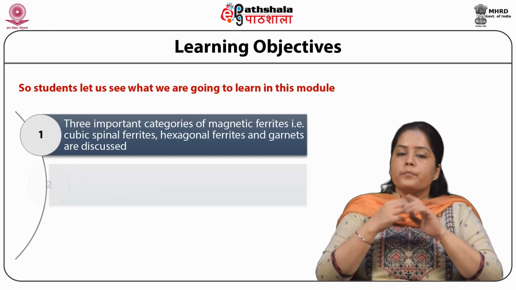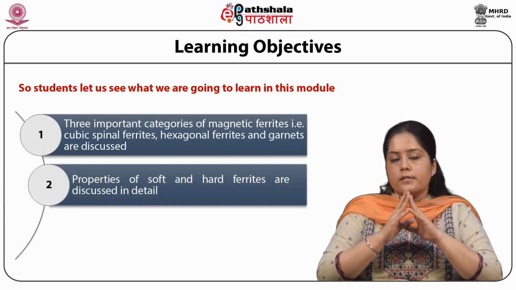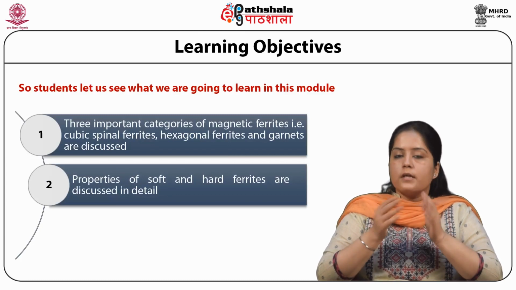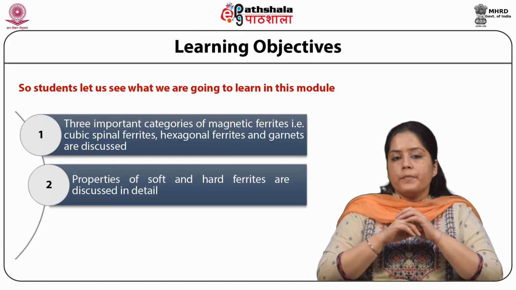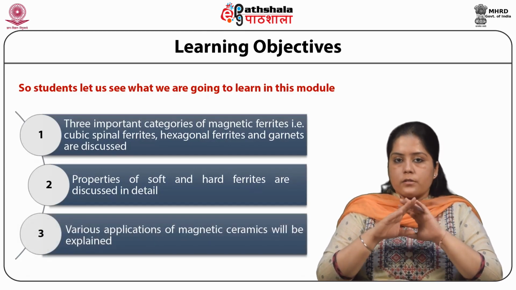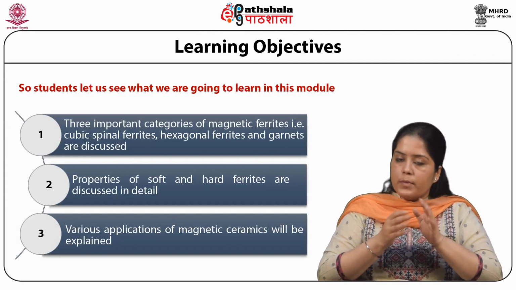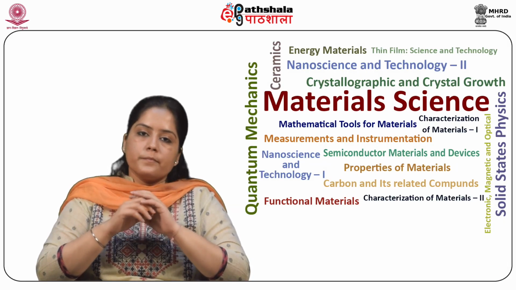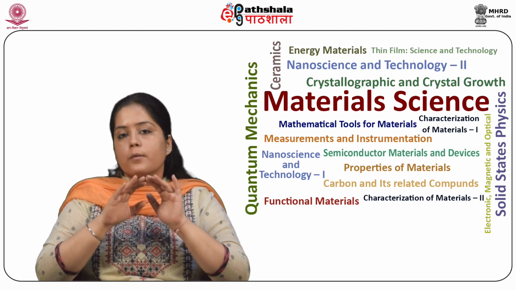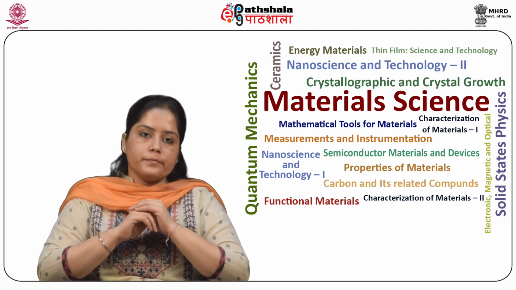Second, properties of soft and hard ferrites are also discussed in detail. Third, various applications of magnetic ceramics will be explained. So students, let us start with a brief introduction about this module.